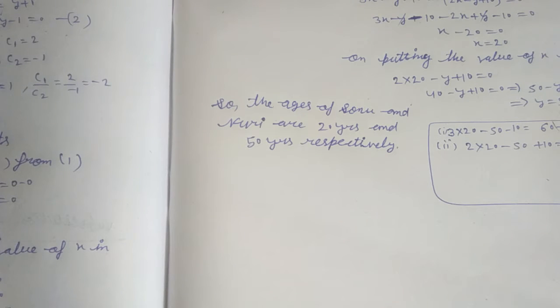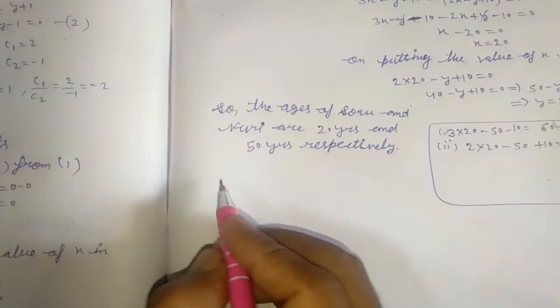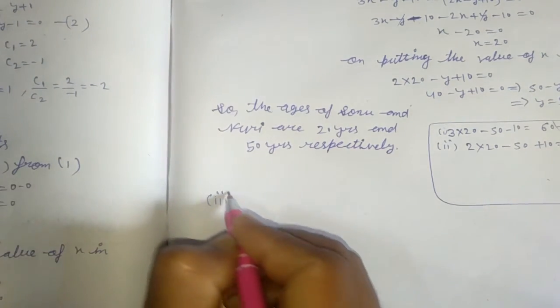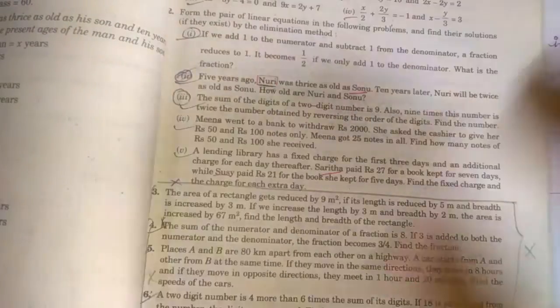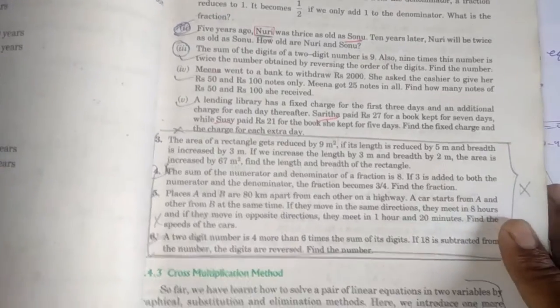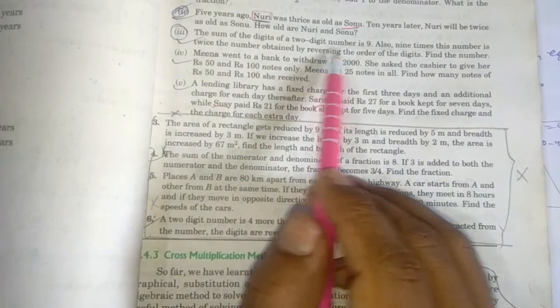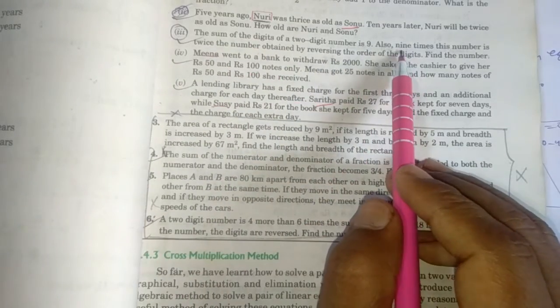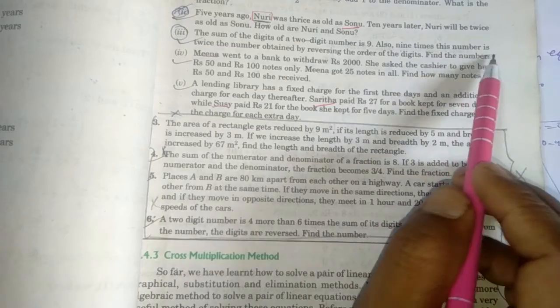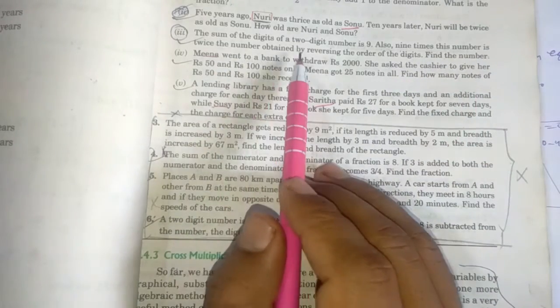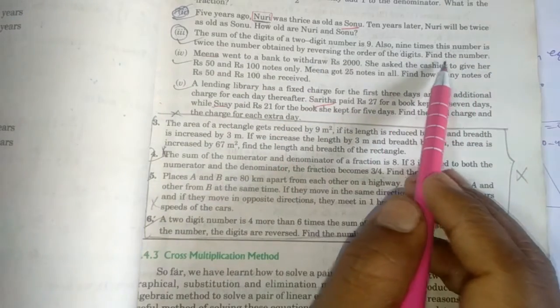Now we will go on to the third question. So we read the third question. Look, the third question: the sum of the digits of a two-digit number is 9. Also, 9 times this number is twice the number obtained by reversing the order of the digits.